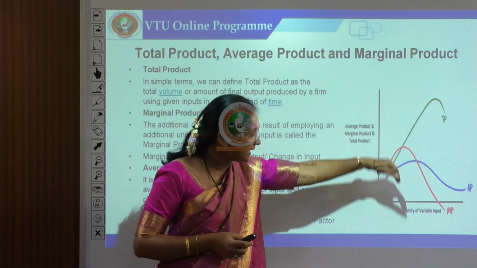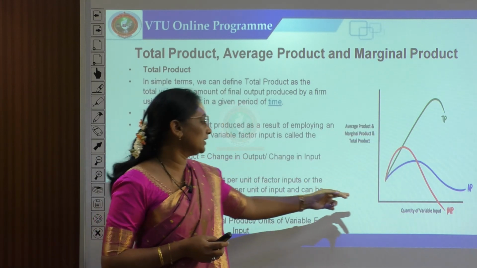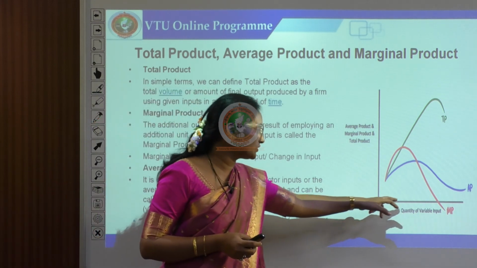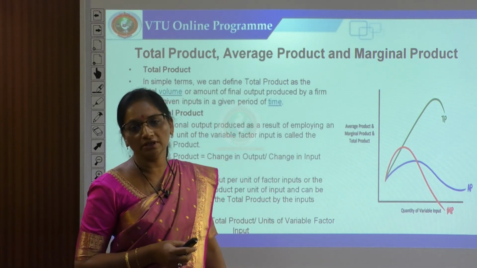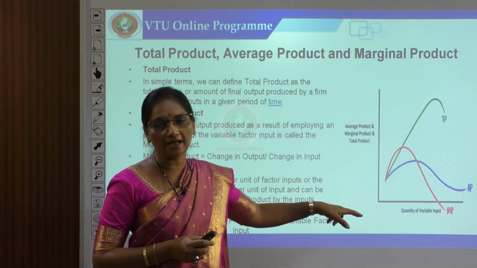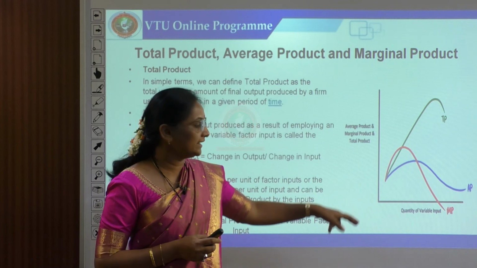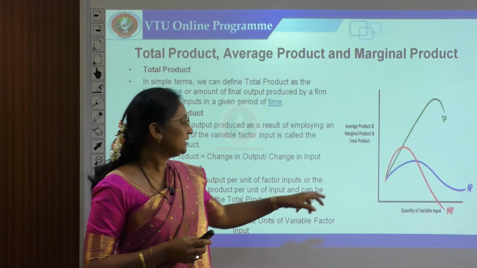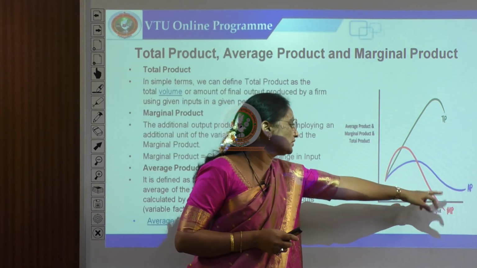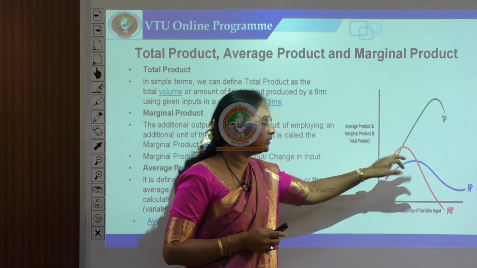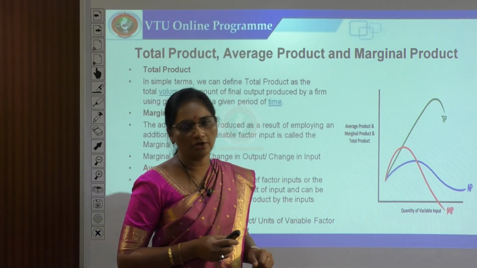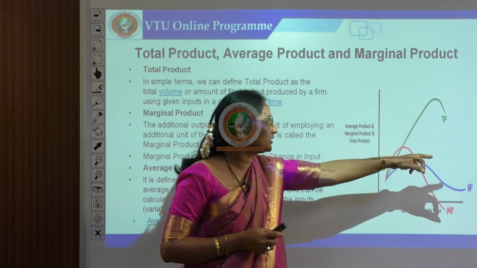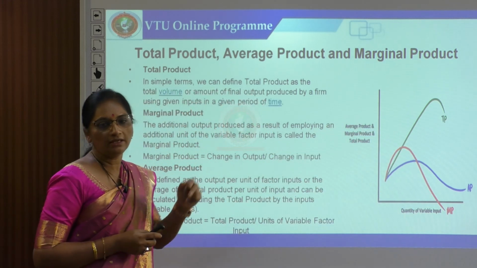Later it starts declining deeper, and at a particular level the marginal product is 0. After that, if you keep using the same inputs in the production unit, it declines, touches the OX axis and goes below, which means negative returns. The AP curve is above the marginal product curve later, but initially it is below the marginal product curve.